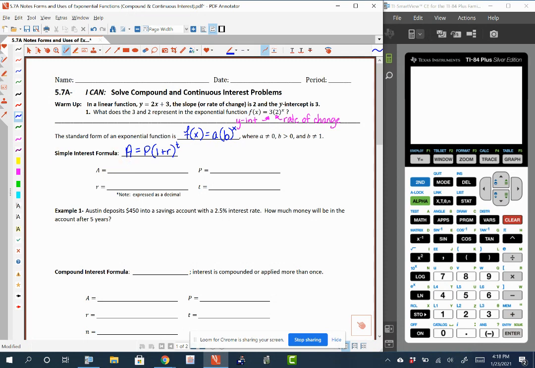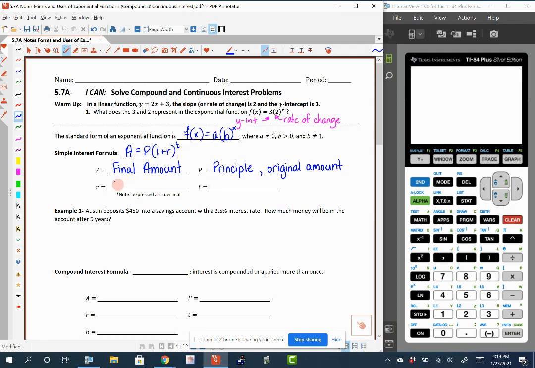So capital A is what we're going to refer to as our final amount. We're going to be solving problems today, a lot of times dealing with money. So in this case, A would be our final amount. Capital P in the business world stands for principal. Another way to say this is that this is the original amount. How much did we originally start with in the problem, the principal?